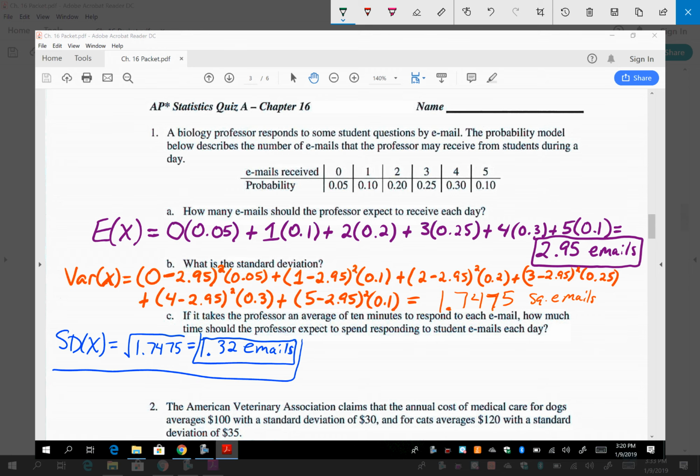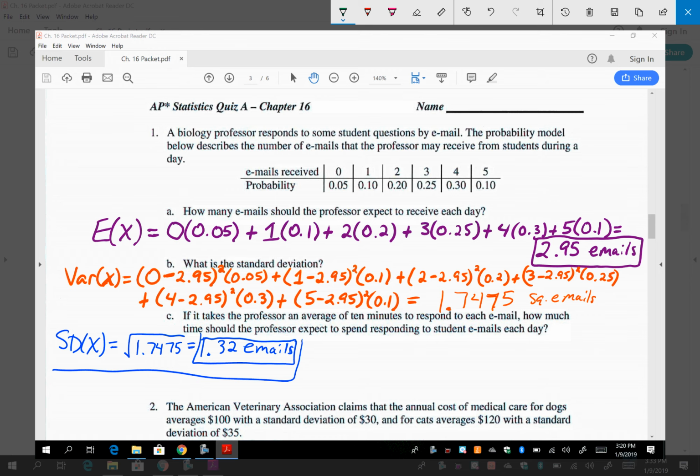10 minutes to respond to an email. How much of this professor's day will the professor spend responding to student emails? So we're saying on a typical day, it takes the professor 10 minutes to respond to one student email.